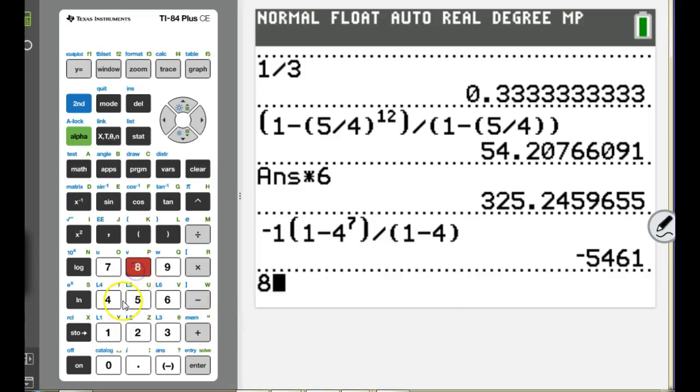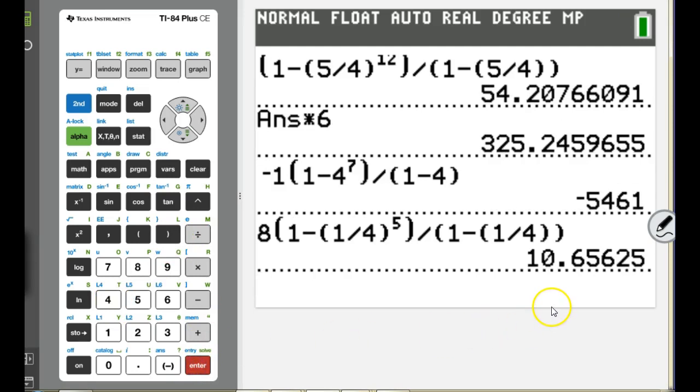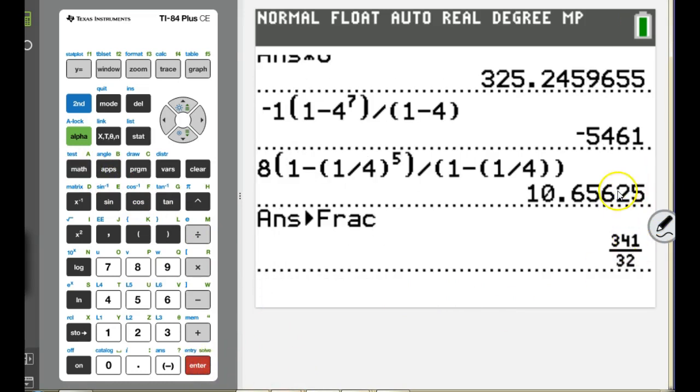What was it? 8? 1 minus 1/4 to the, whoa, forgot to close my parenthesis, to the 5th, close another parenthesis on the outside, divided by 1 minus 1/4. 10.65625, which is a terminating decimal for sure, so it is an exact answer either way.